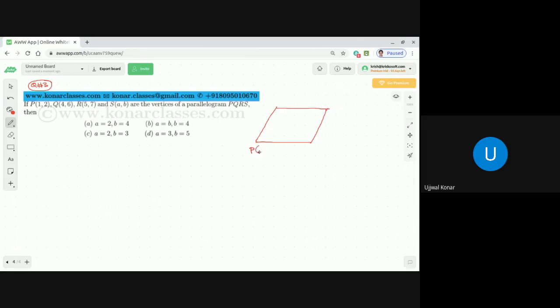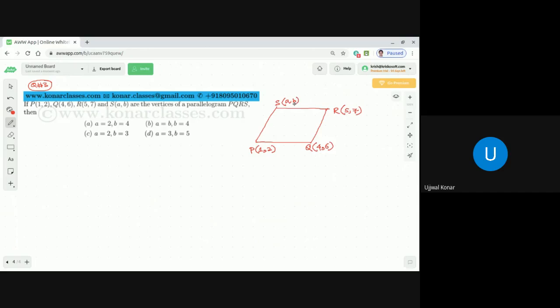So the coordinate of the point P is (1, 2). So is it 3? a equals 2, b equals 3. Very good. You are correct actually. So Q is (4, 6), R is (5, 7), and this is S, it is (a, b).